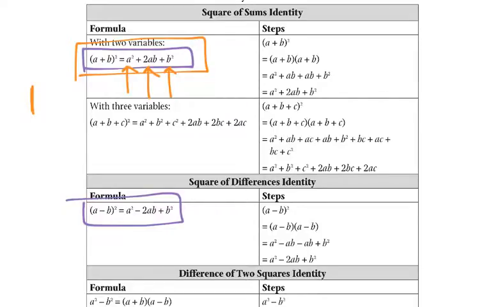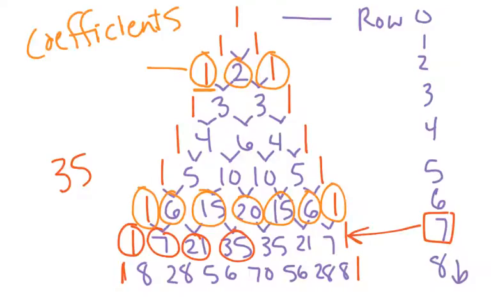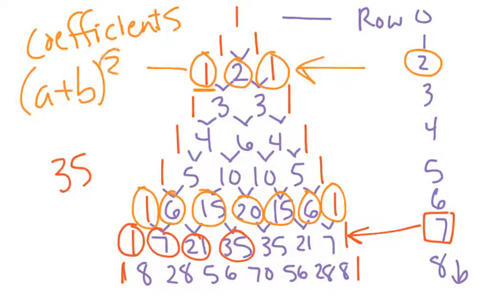For 2ab, the coefficient is 2. For b squared, the coefficient is 1. So 1, 2, 1 is this set of coefficients, which is the second row, because it was (a + b) squared. The exponent tells you what row to use, then these numbers end up being the coefficients.